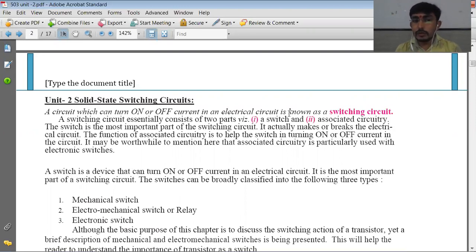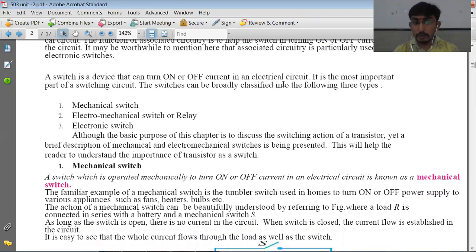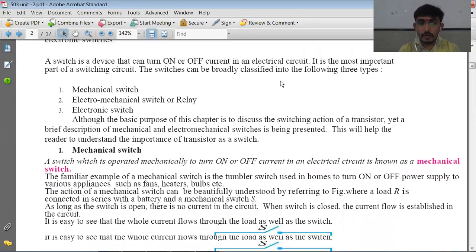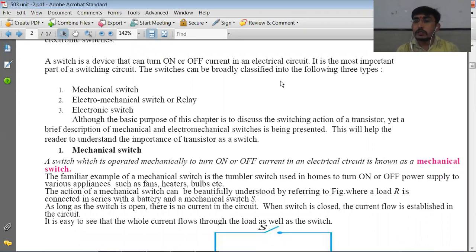As the name of the chapter is solid state switching circuit, in this chapter we deal with the electronic switches only, which are made using transistors, but we have a small introduction to the mechanical switch. What is a mechanical switch? A switch which is operated mechanically to turn on or off the current in the electrical circuit is known as a mechanical switch.